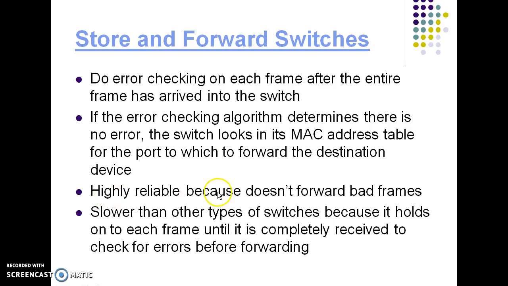Highly reliable because it doesn't forward bad frames. Slower than other types of switches because it holds on to each frame until it is completely received to check for errors before forwarding.